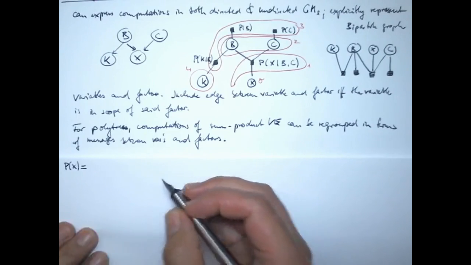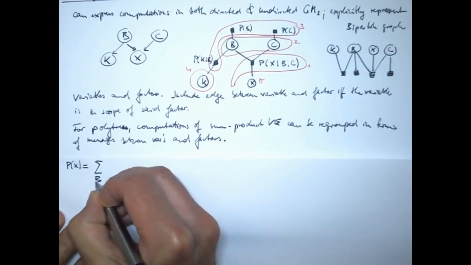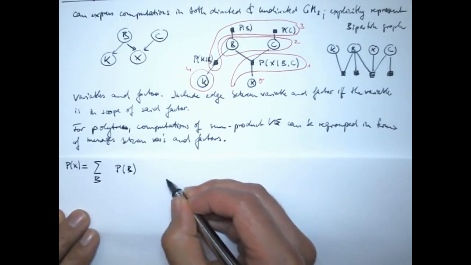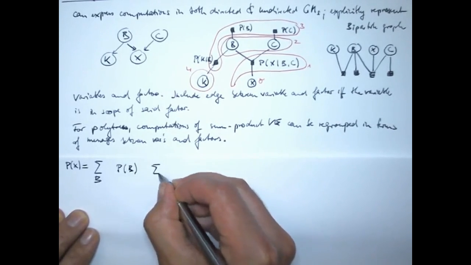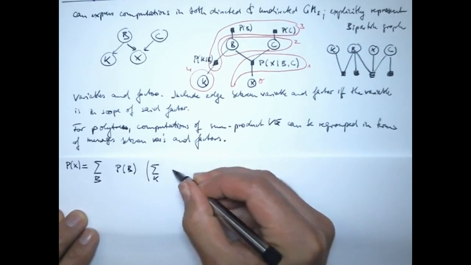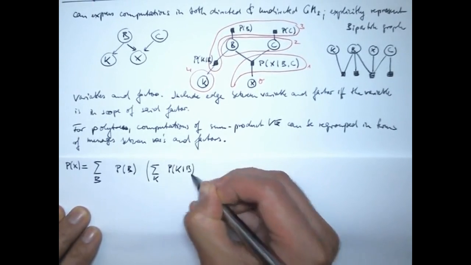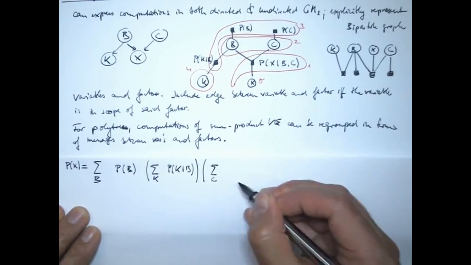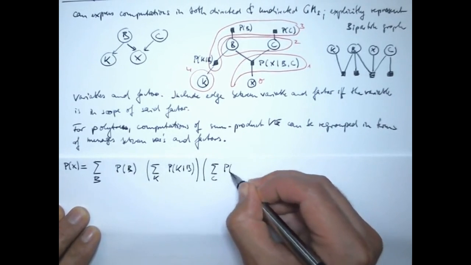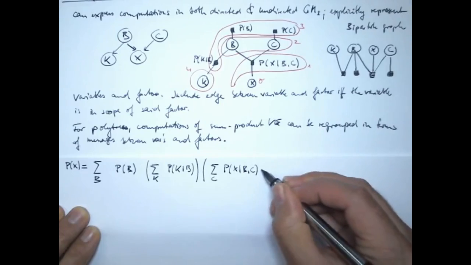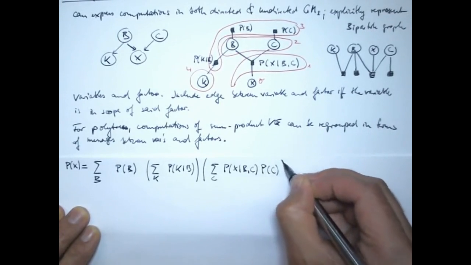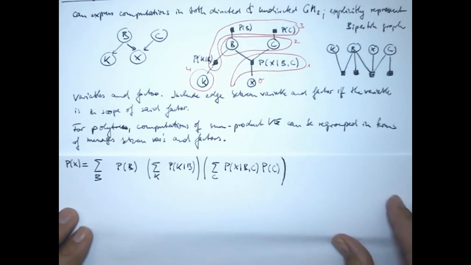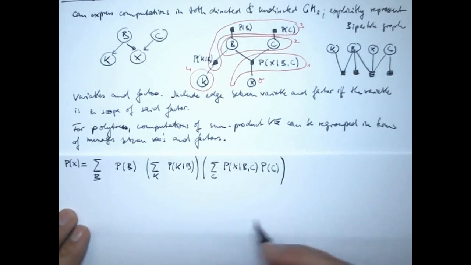And that was given by the summation over b times p of b, and the summation over k of p of k given b, and the summation over c of p of x given b and c multiplied with the probability of c. Okay, so that was the equation that we saw last hour in the process of variable elimination.